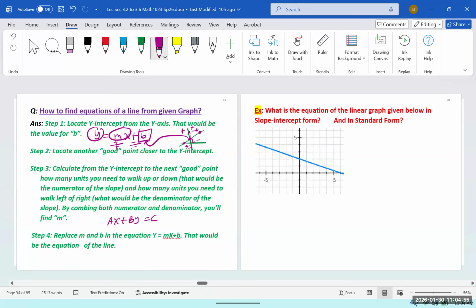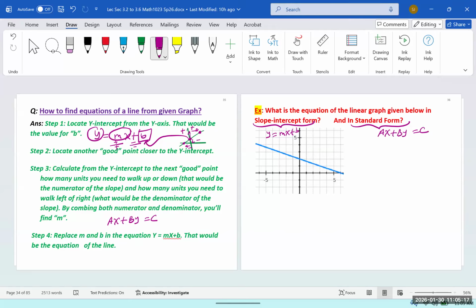So for example, here they gave us a graph. They want us to write it both in slope-intercept form, meaning y equals mx plus b, and also in standard form, meaning ax plus by equals c.